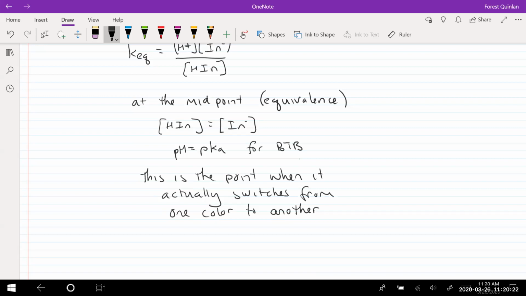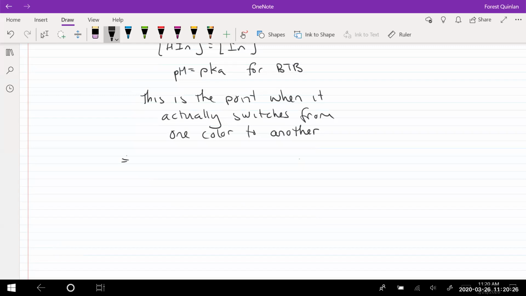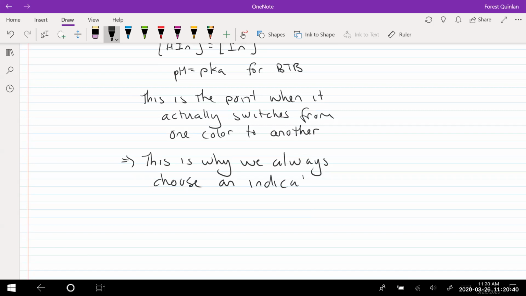But here's the funny thing. Because that's where they switch, this is why we always choose an indicator that switches just after we want to be neutralized.